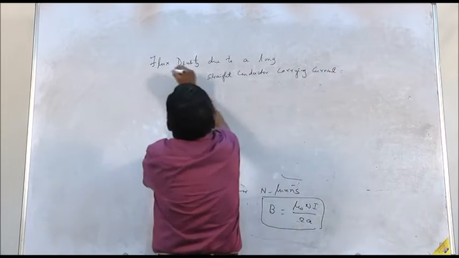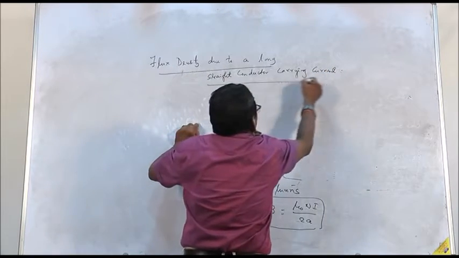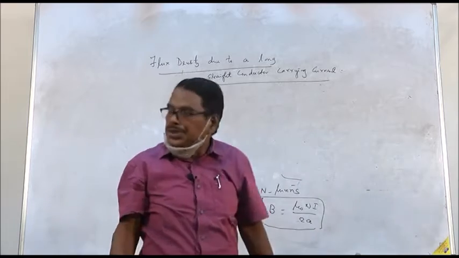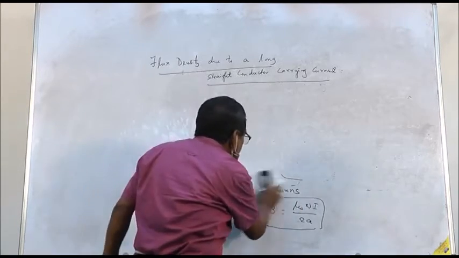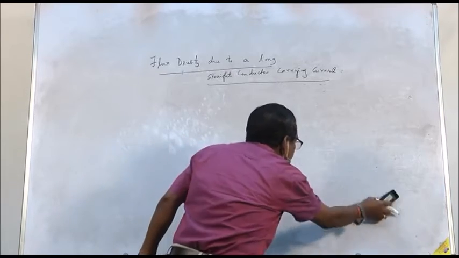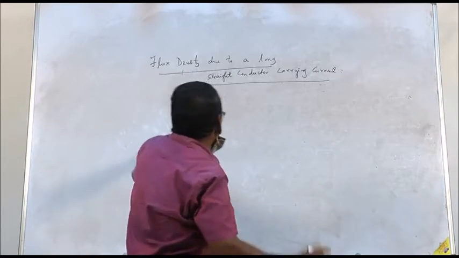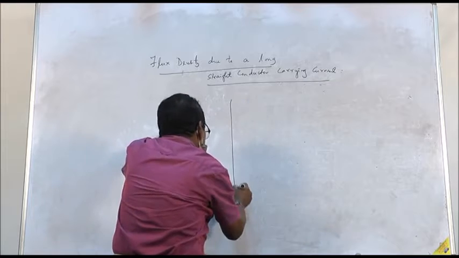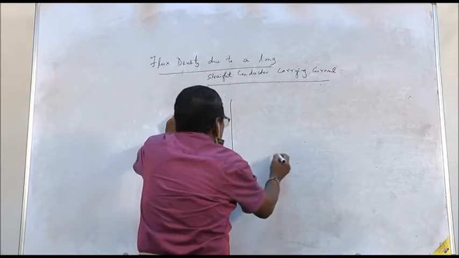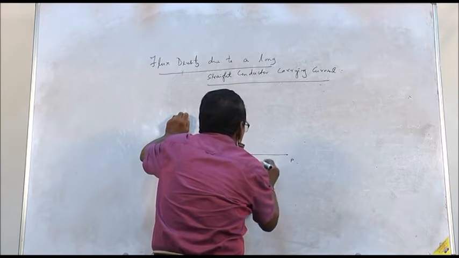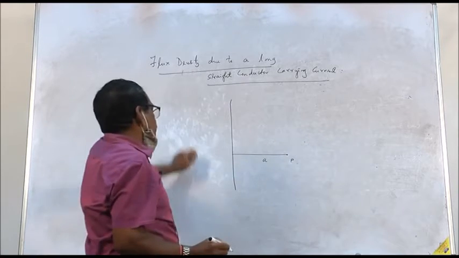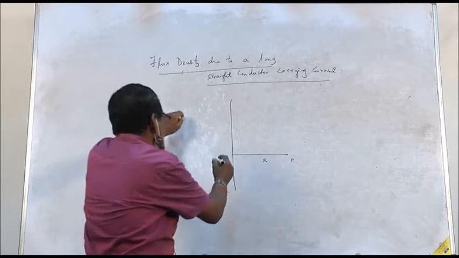This is a very important application, and this comes very often in the examination. Let us take a long straight conductor and an external point, and find out the flux density. So, this is a straight conductor, the point is P, and suppose the distance is A. We will find out the flux density here.